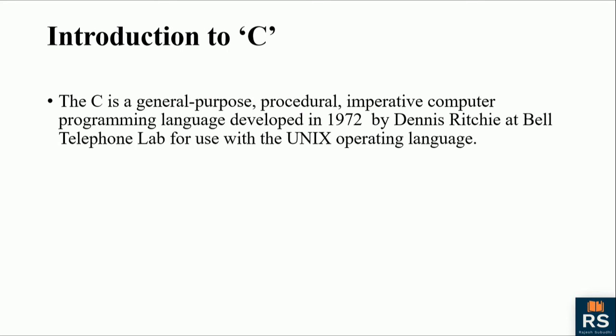C is famous because the keywords or the words which we are using in the C language are very familiar English-like words which can be remembered. Second, as it is a language which is designed to develop an operating system, it is very mature. It is very advanced compared to its previous languages.